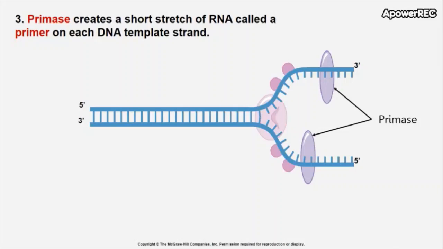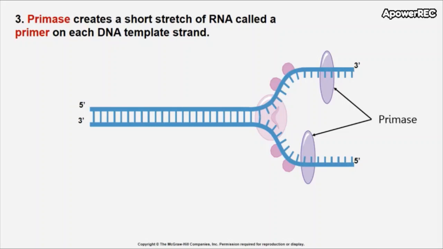And this primase lays down a primer of RNA that always starts with a phosphate group. And remember, the phosphate groups are attached to the 5' end, and it ends with a ribose sugar, or in other words, the 3' end. So in that sense, RNA primase will always write 5' to 3'. And it's writing based upon what it's reading.